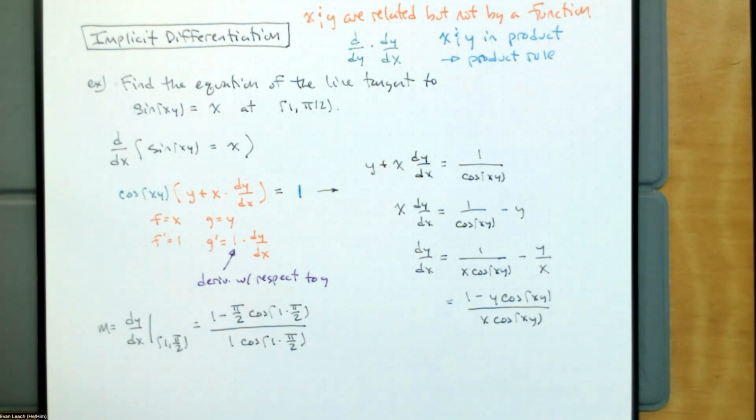So what happens here? What is the cosine of pi over 2?